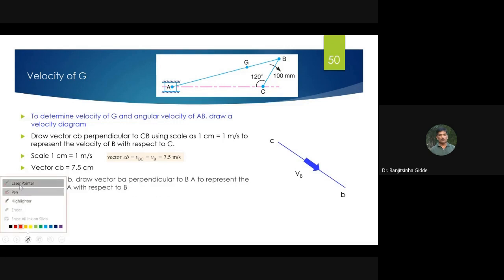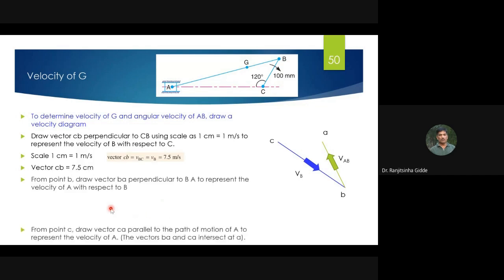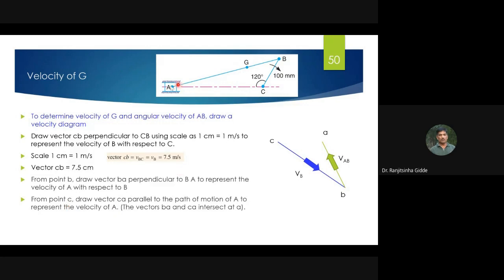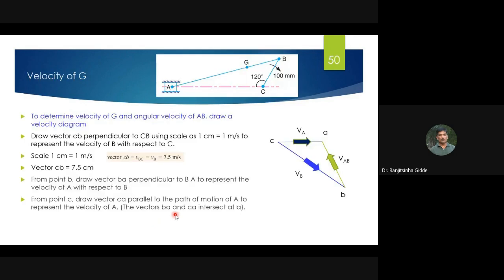So we have drawn one vector perpendicular to this. And from point C, we need to draw one line parallel to this line of action. Up to this, completed?